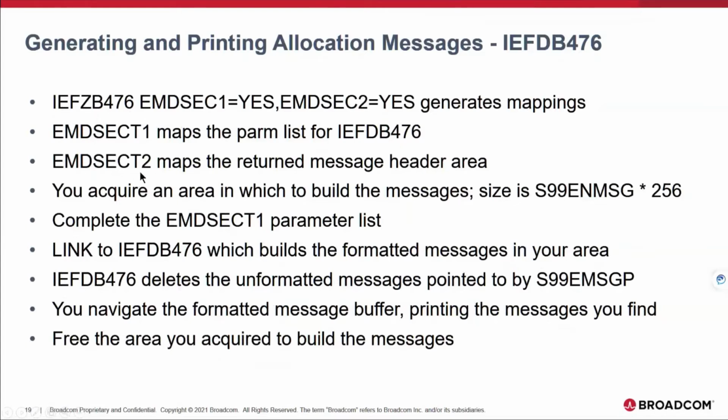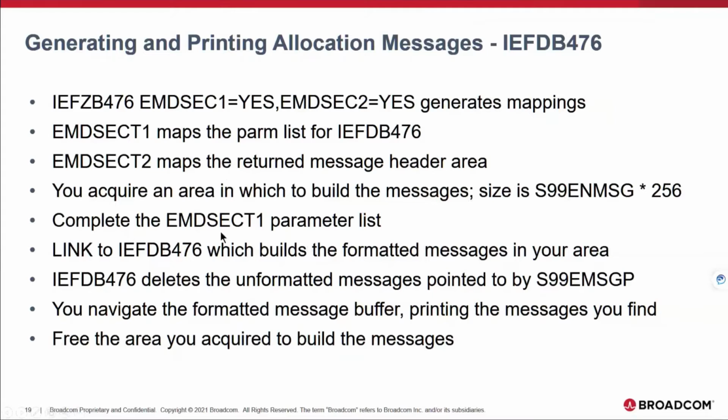And then Dsect2 maps the messages that are formatted by this service. So kind of a high-level view of that is you acquire a GETMAIN area. You get the number of messages, which is that S99ENMSG, multiply it by 256, and that's the size of the area that you need to get. So you'll obtain that piece of storage.